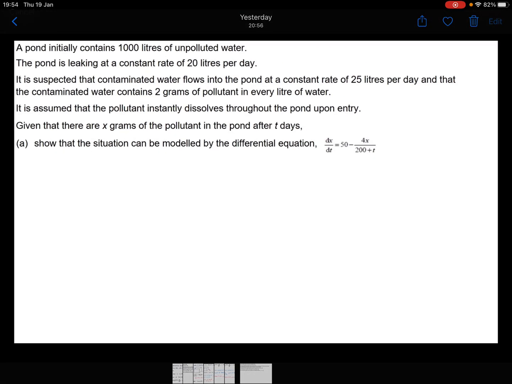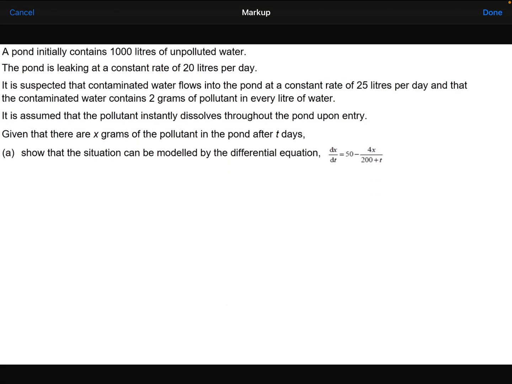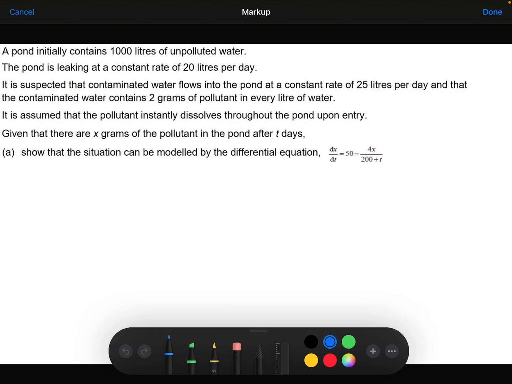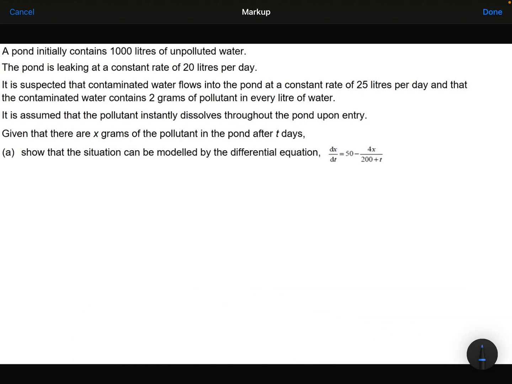So we're now going to follow those 3 steps for this exam question. We're told that a pond initially contains 1,000 litres of unpolluted water, so that's the initial volume. The pond is leaking at a constant rate of 20 litres per day.